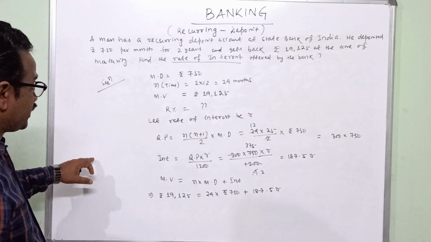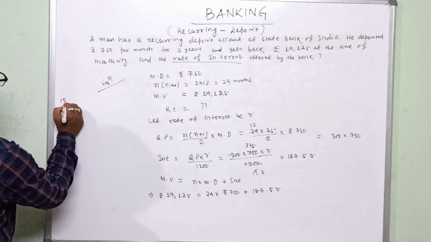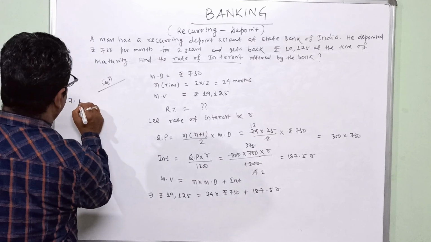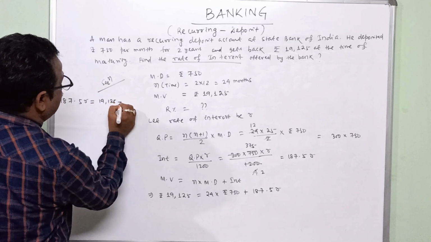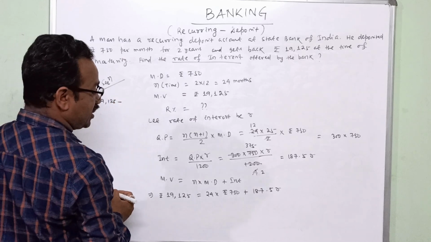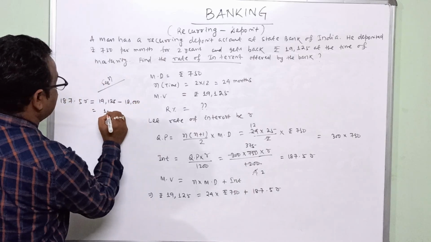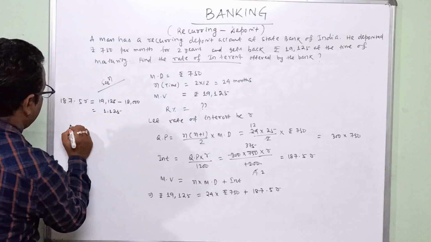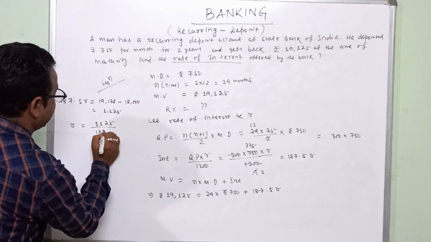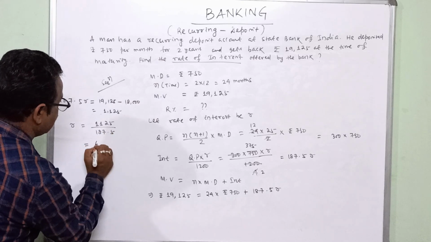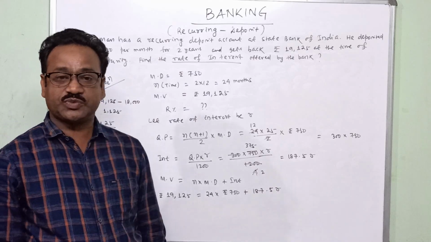Keeping R on one side, we will get 187.5 R is equal to 19,125 minus 18,000. So it is equal to 1,125. Now R is equal to 1125 by 187.5 is equal to 6%. This is the answer. So R is equal to 6%.